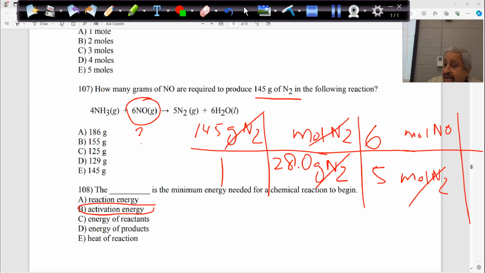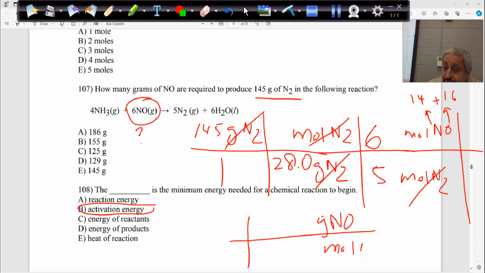I need the grams of NO. I have to use oxygen is 16 and nitrogen is 14. So then multiply by grams NO per mole NO, which is 30.0 grams NO per mole NO. Mole NO with mole NO cancels out.